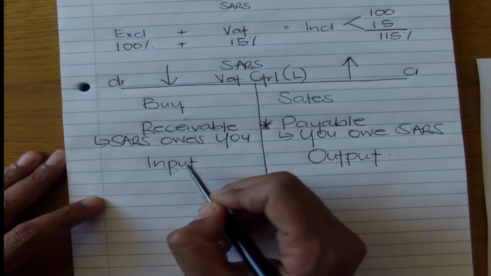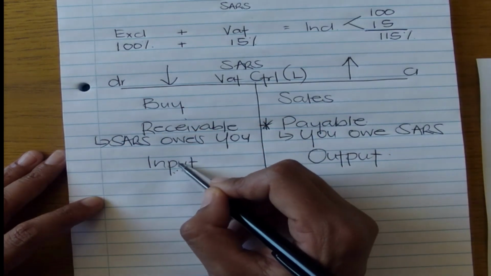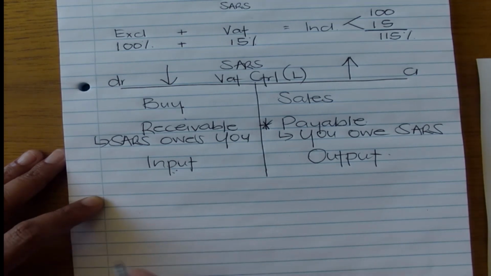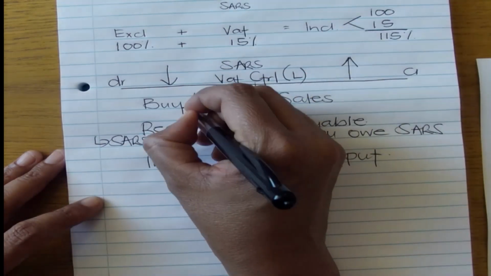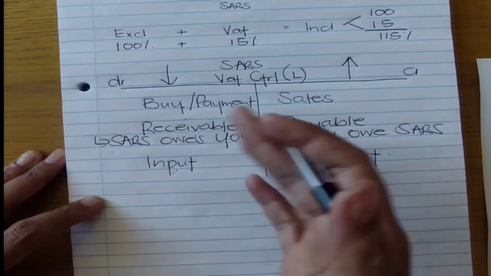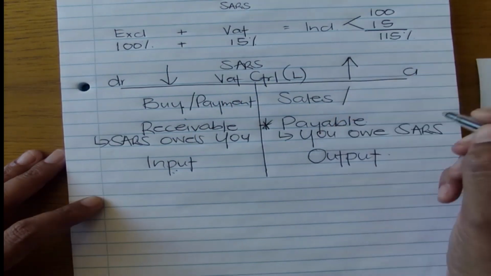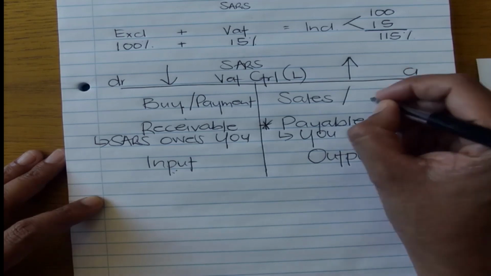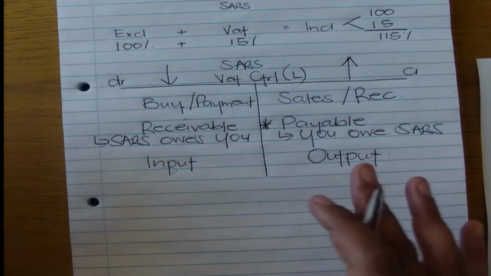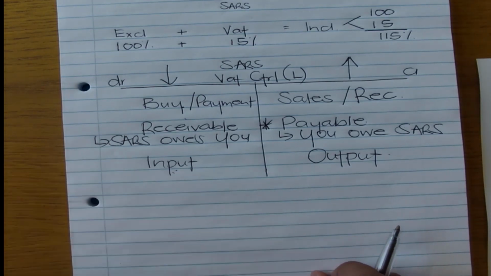Input means this is the money that can come into your account, which you basically claim from SARS, right? So this is buy or payment. If you make a payment for something, you are allowed to claim, or sell, or if you receive money, then you need to pay that over to SARS.